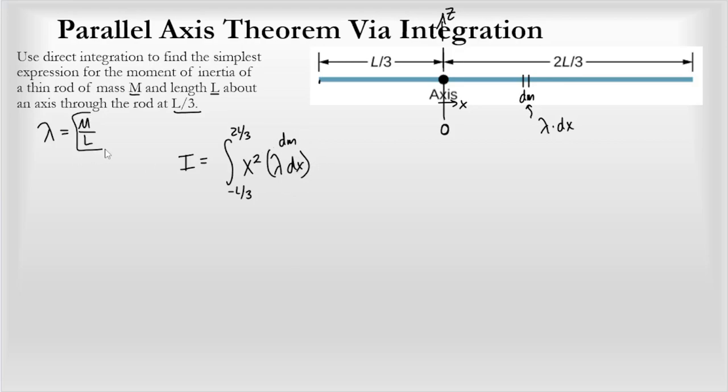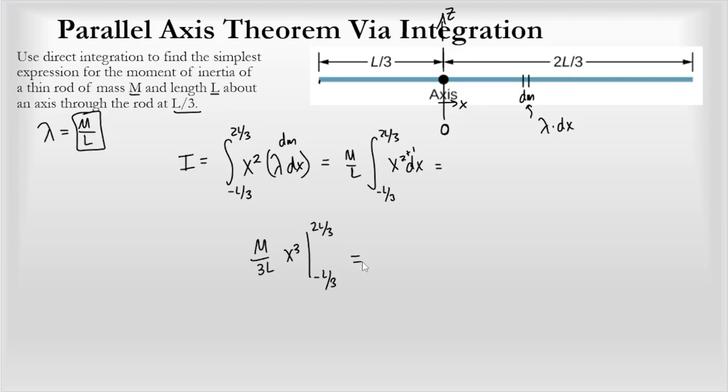I'm going to note that lambda is a constant, m over L, so I can bring that outside the integral: m over L, integral from negative L over 3 to 2L over 3 of x squared dx. Okay, well, if you're in calculus, that's not too bad of an integral. I'm going to add one to the exponent and divide by that result. So I get m over 3L of x cubed over the interval negative L over 3 to 2/3 L.